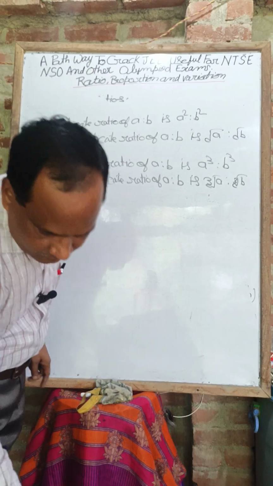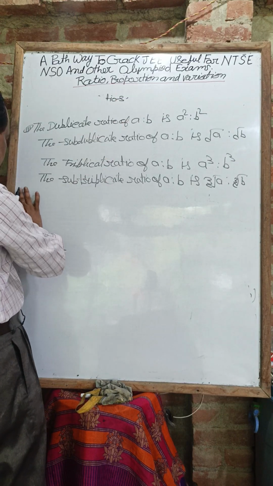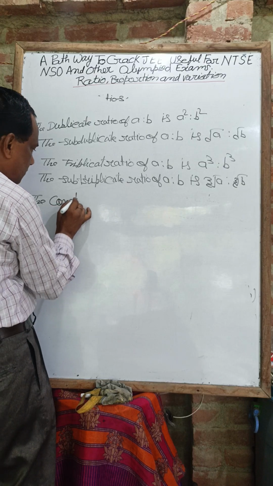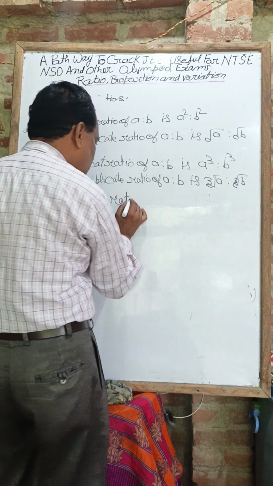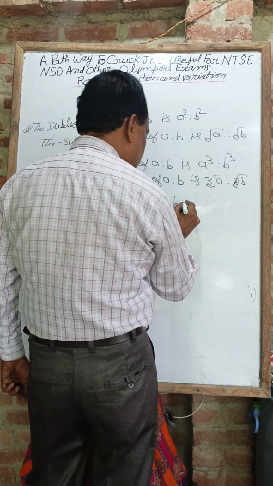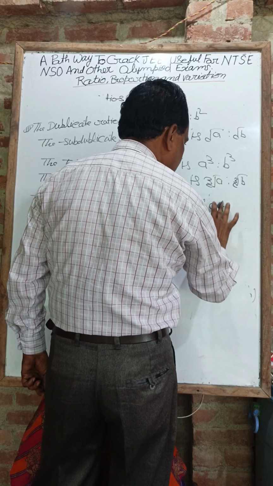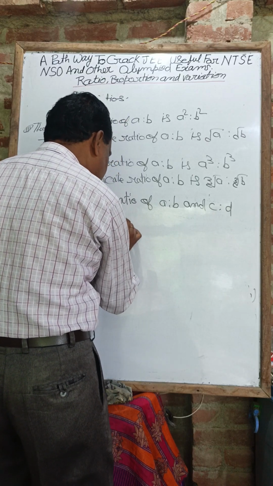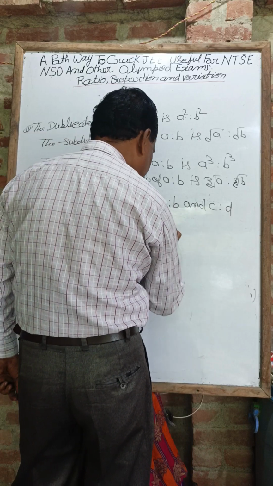And the compound ratio of A is to B and C is to D is AC is to BD.